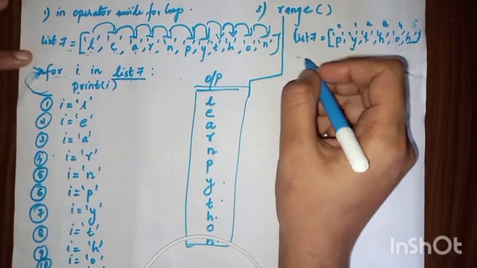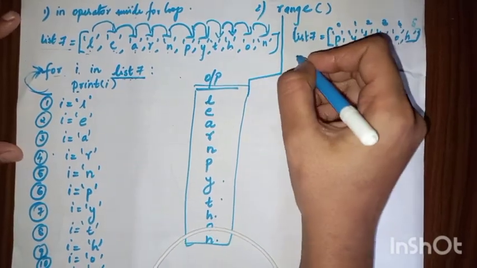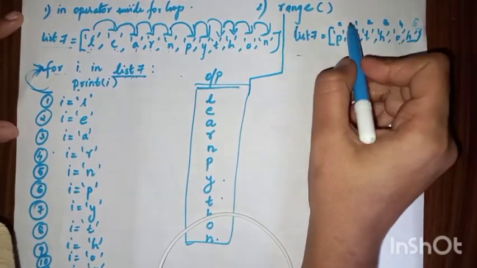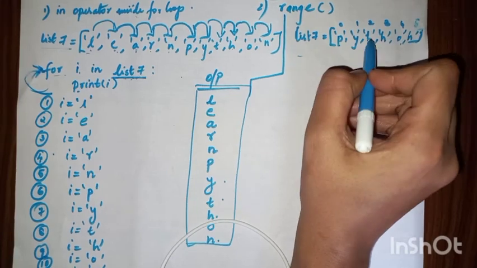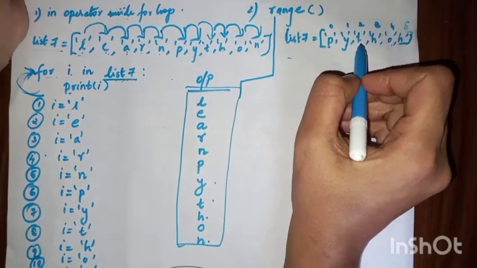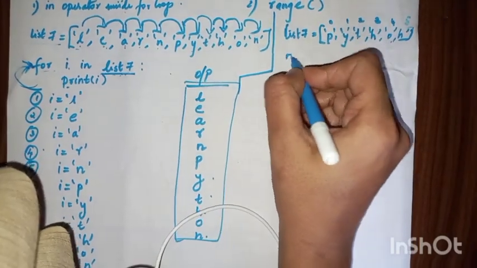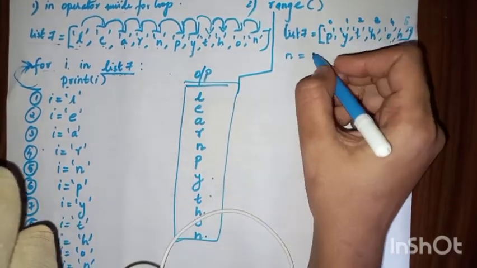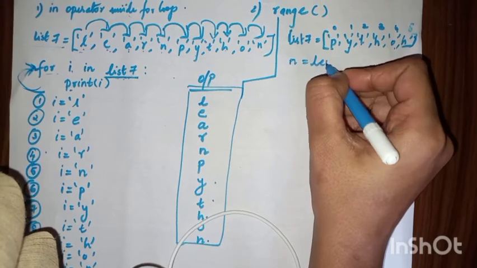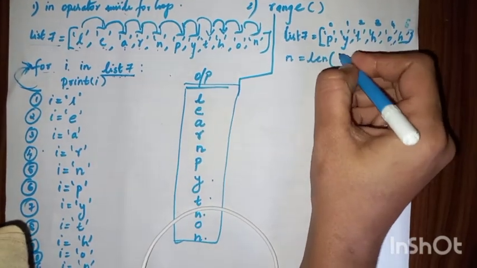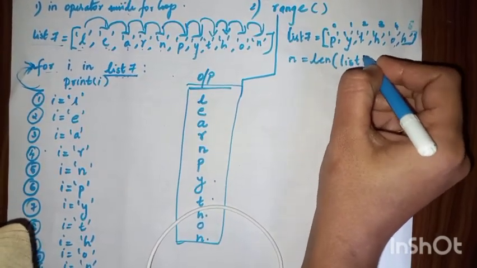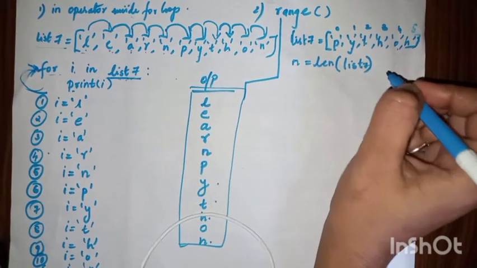So let us write the program. We are calculating the length. To get the index values, first we have to get the length of the list. The length of the list can be calculated using a function called len. Len of list 7.